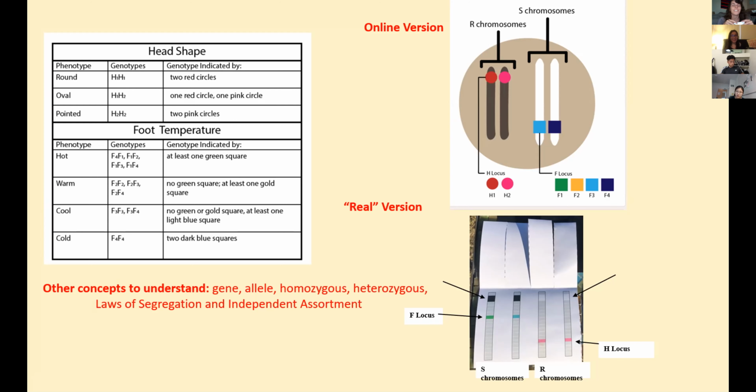Yeah, I totally understand. So the white and the black on the top, like you were showing, is to identify which chromosome we're talking about. The one with the white on the top is the one that controls the head shape. The one with the black on the top is the one that controls the foot color. So when you're doing this activity, you're going to pick one from the white block top and one from the black block top.